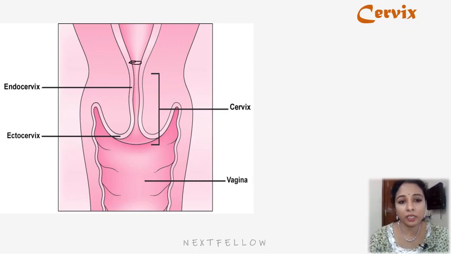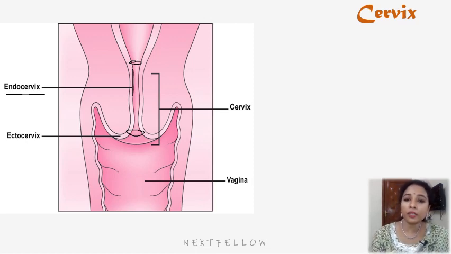So this cervical canal, the endocervical canal or endocervix, connects the uterine cavity with the vaginal cavity and extends from the internal os to below, opening as the external os.